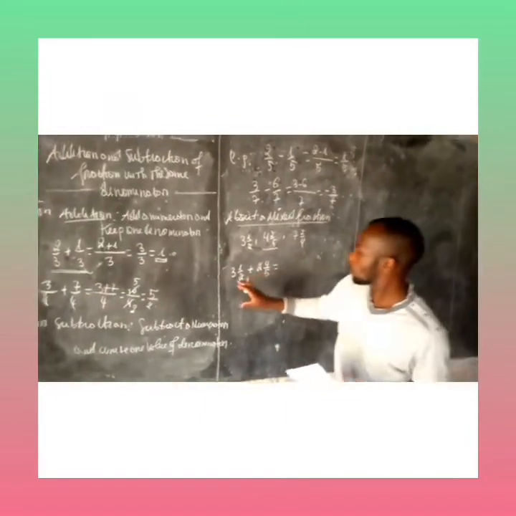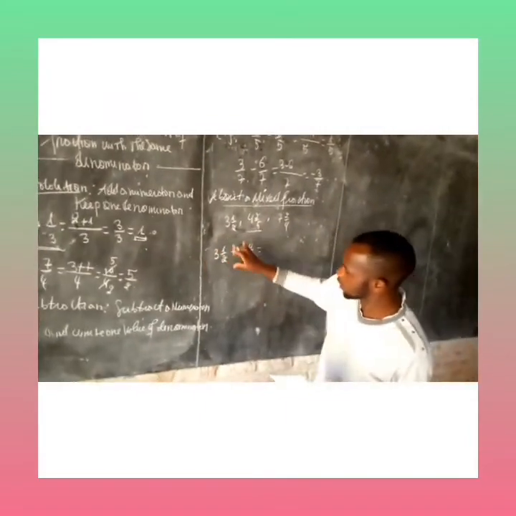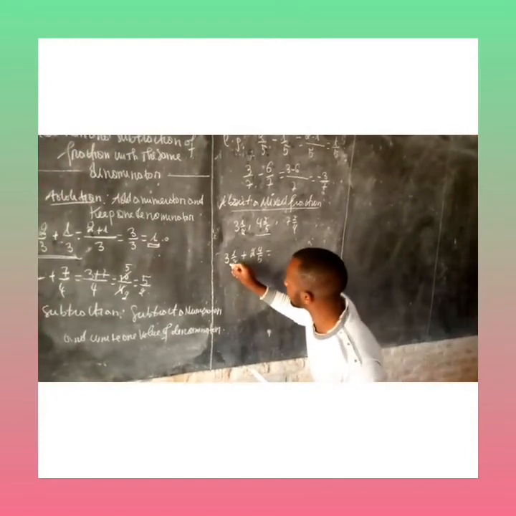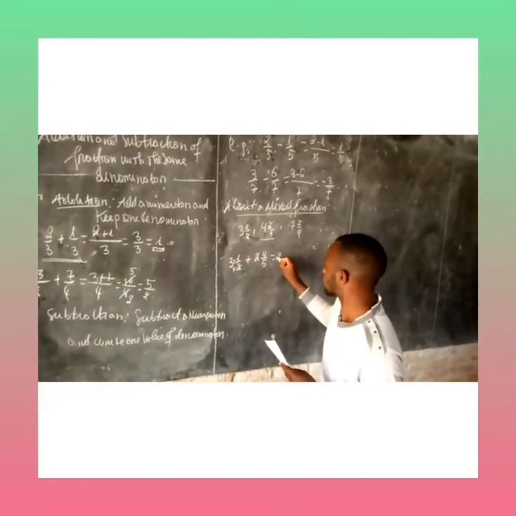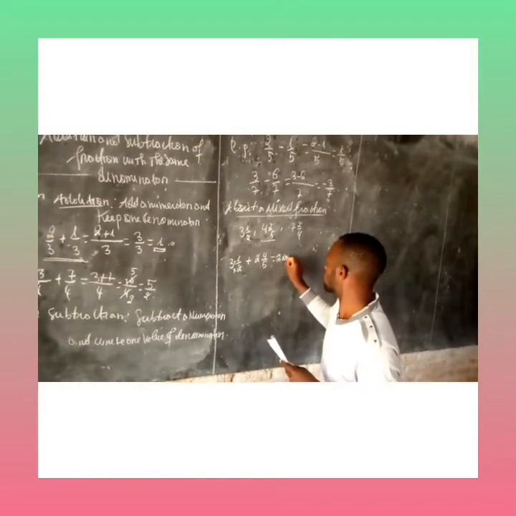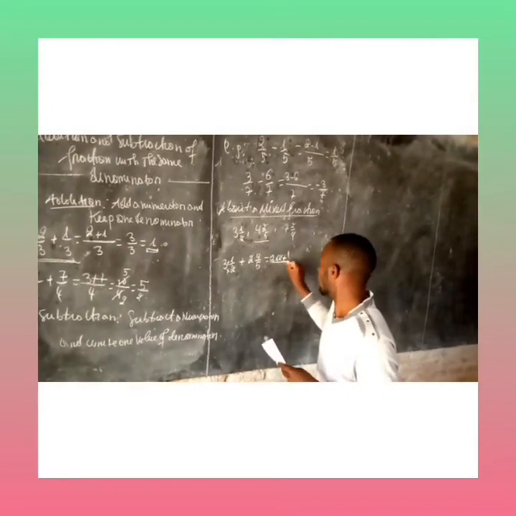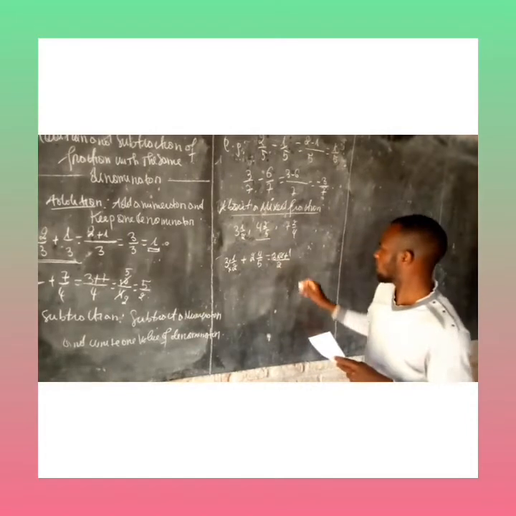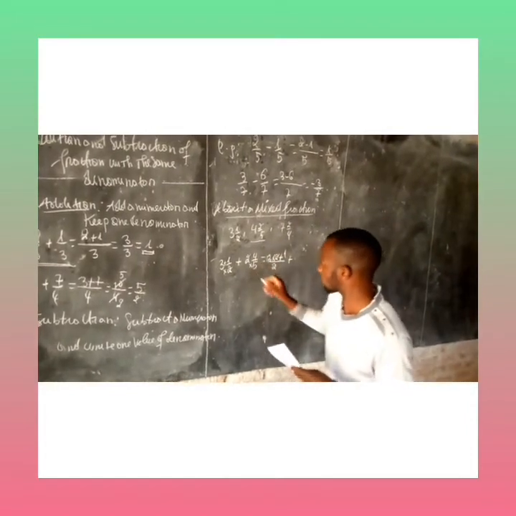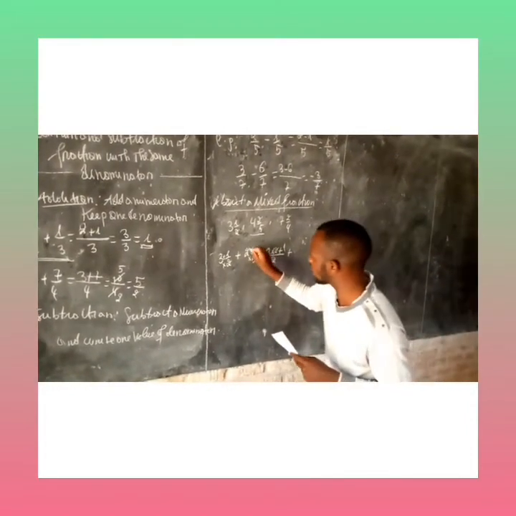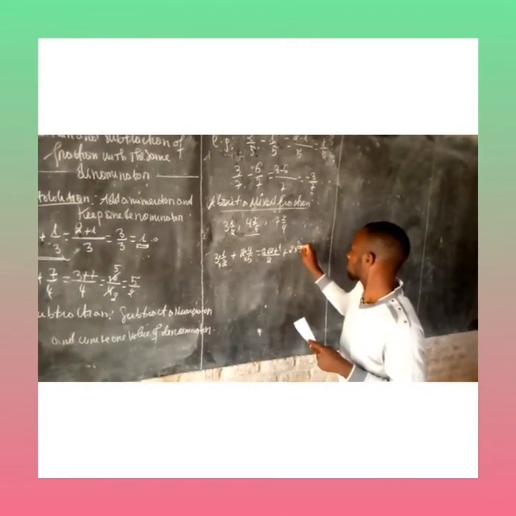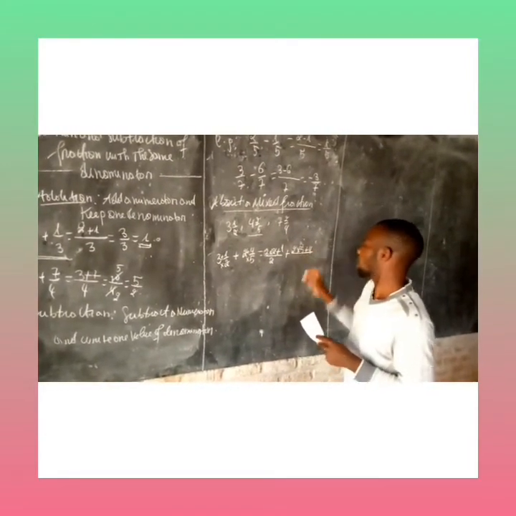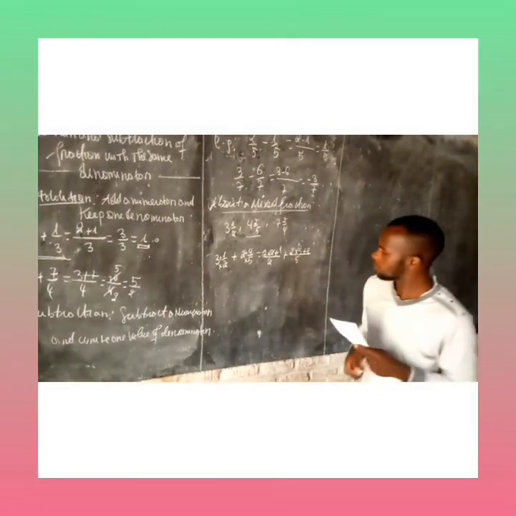You multiply and then add: 3 times 2 plus 1, divided by 2, and 2 times 5 plus 4, divided by 5.